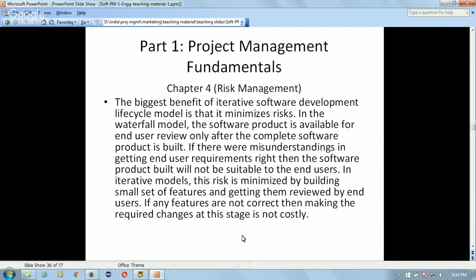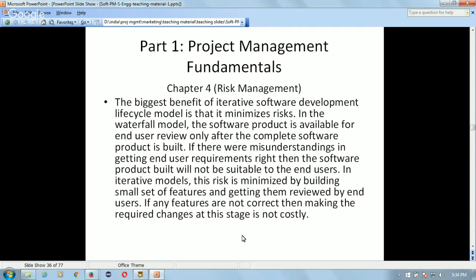What they do is they do not develop the complete software product. Because in the waterfall model, the project team gathers all the requirements and creates software specifications, and then they do the complete design, and then they write the source code, then test.